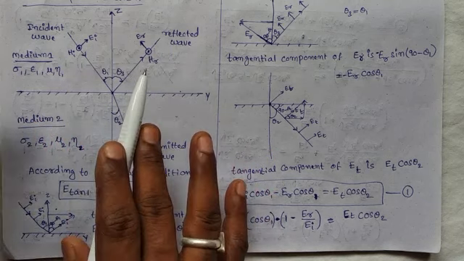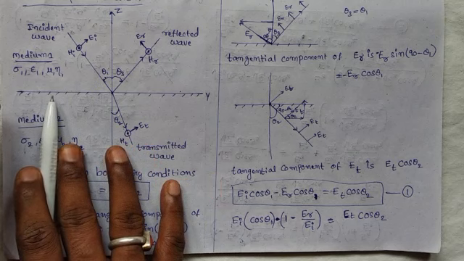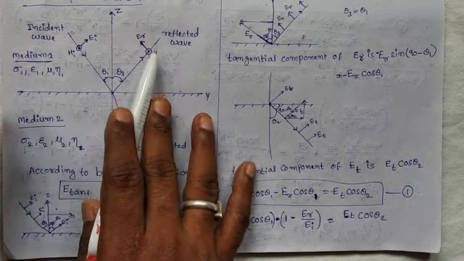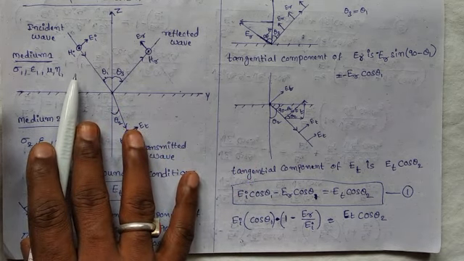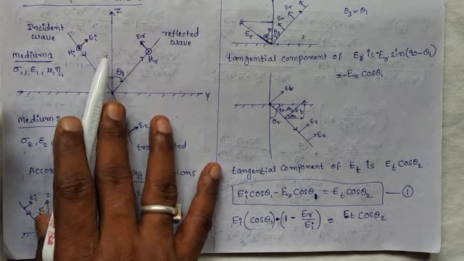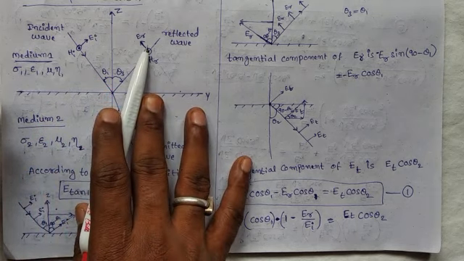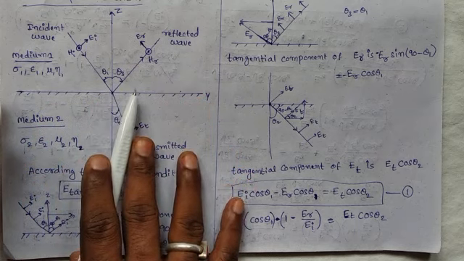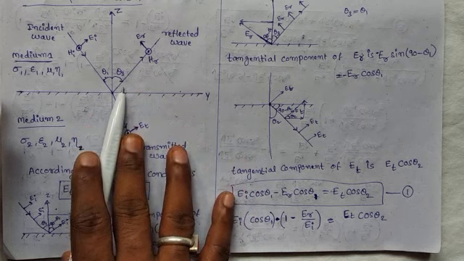Now we are determining the tangential components of E_I, E_R, E_T. The tangential component of E_I is E_I cos theta 1. Similarly, the tangential component of E_R is E_R cos theta 3.